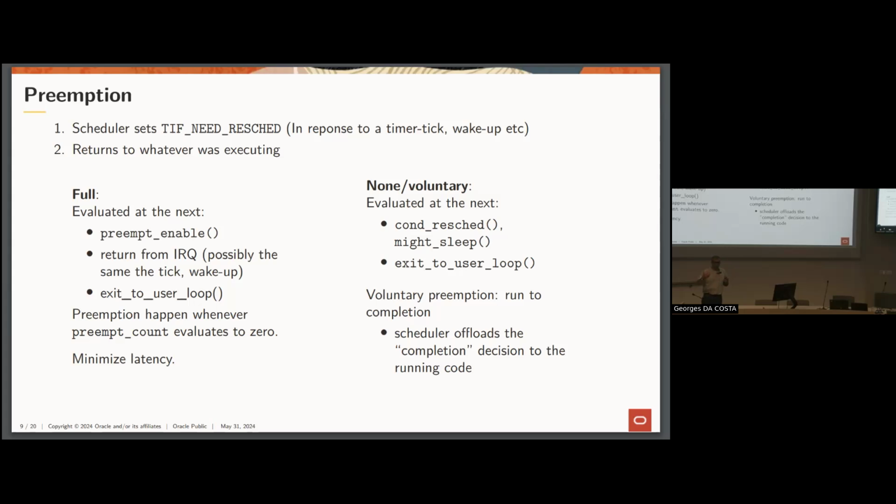Voluntary, on the other hand, does not have a preempt count at all. What it has are these two hints, cond_resched and might_sleep. One reason voluntary preemption does it like this is that it has this notion of run to completion. The kernel has no real way of knowing when a task is reasonably complete, so this hint comes from the programmer, from the code executing in a loop or whatever, which has a clear, well-defined notion of, oh, this iteration is complete.